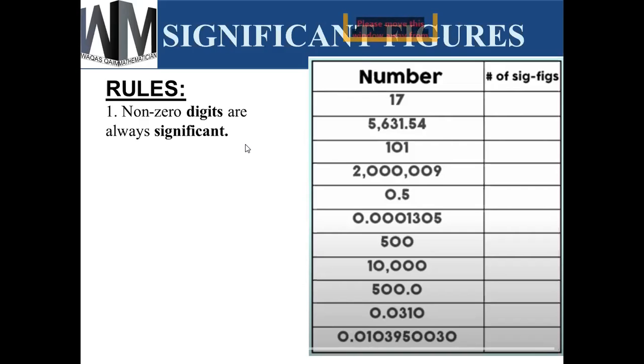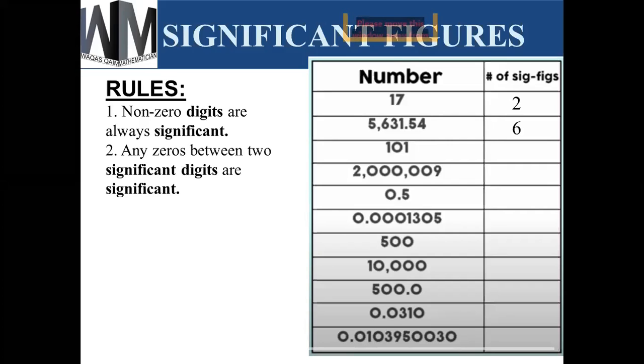And when we talk about the second number, 5631.54, how many significant figures are there? Right, six significant figures. That's good, everyone. So this is the application of the first rule, that whenever we see a non-zero digit, it must be counted as a significant figure.